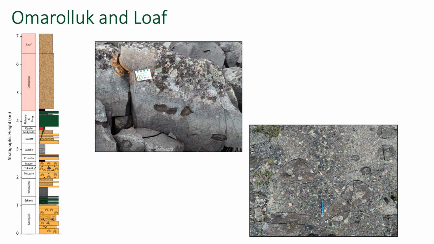And then we have the Loaf formation, which again is broken into two divisions. But it's dominantly sandstone, conglomerate, and mudstone-siltstone facies. You see large planar and trough crossbedding, desiccation structures, and some soft-sediment ball and load structures. But the interesting factor is that it's been interpreted to represent a fluvial environment.